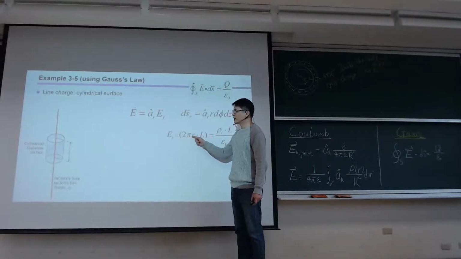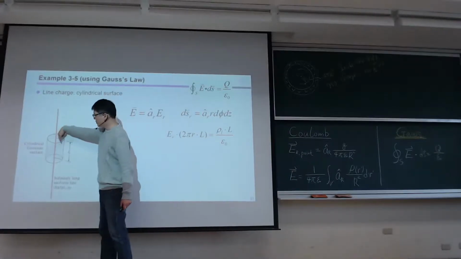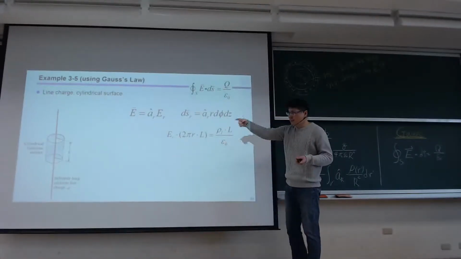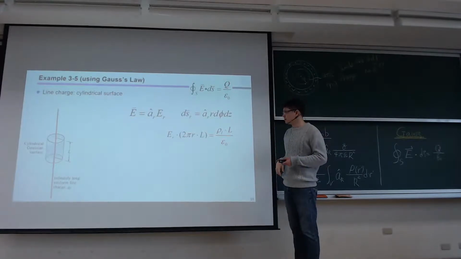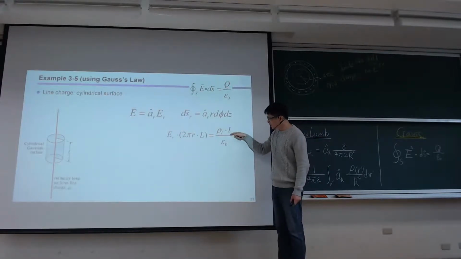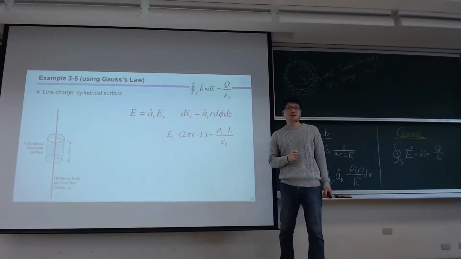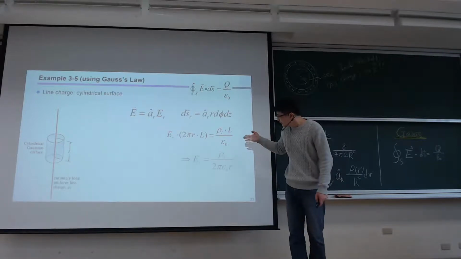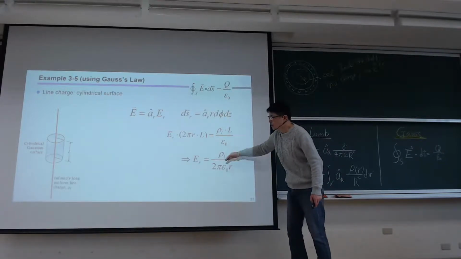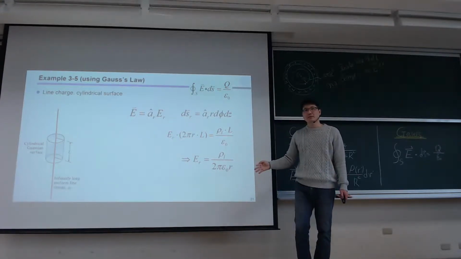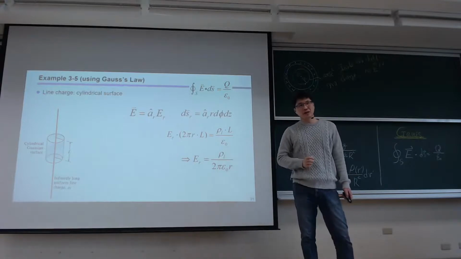E_r times 2 pi r, that's your circumference, times L, that's your surface area for the given radial direction. That will be equal to the total charge encompassed, rho L, a uniform charge density, times L, divided by the vacuum permittivity. Therefore, in just 3 lines, you arrive at the same result as we analyzed using Coulomb's law.